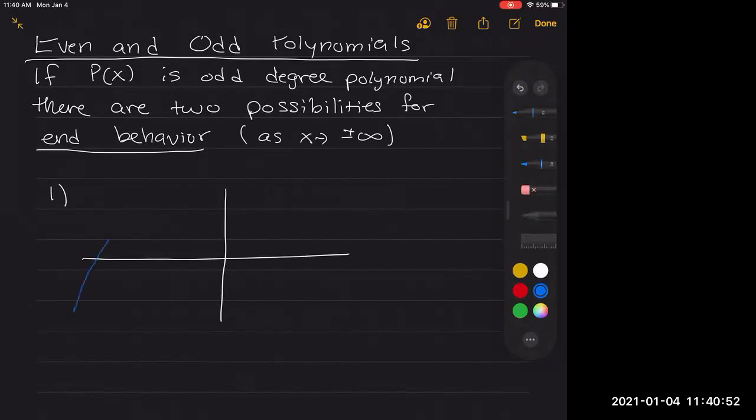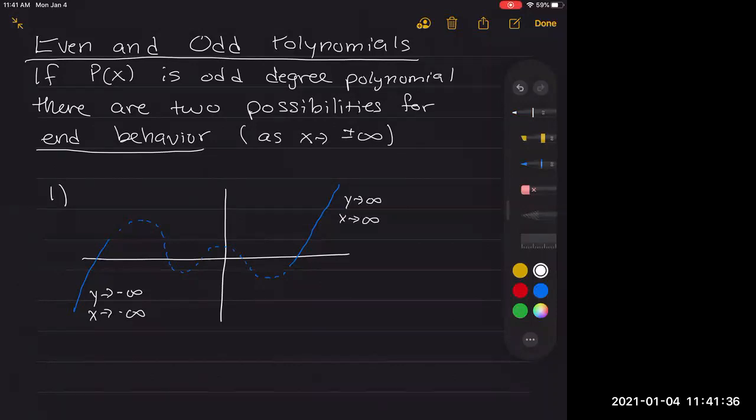So for our two options, option 1 is if we have something like this. I have just dotted this inner area because there could be as many ups and downs as needed depending on the degree of the polynomial, but the big part is the end behavior. So y approaches negative infinity as x approaches negative infinity, and y approaches infinity as x approaches infinity.